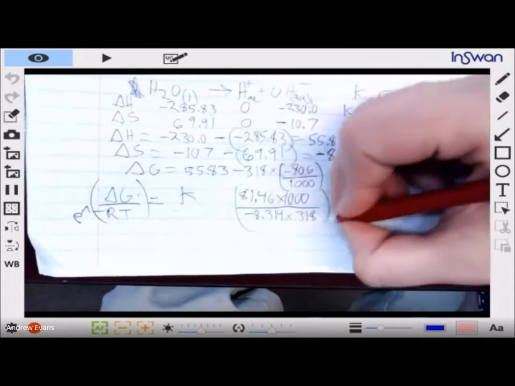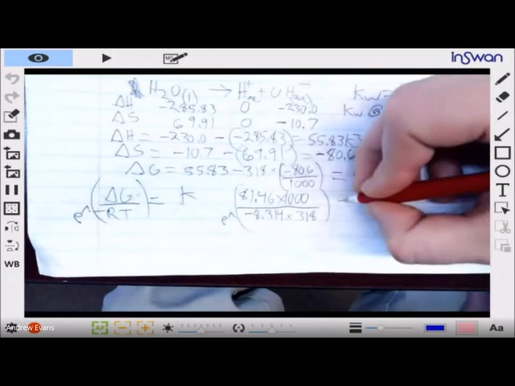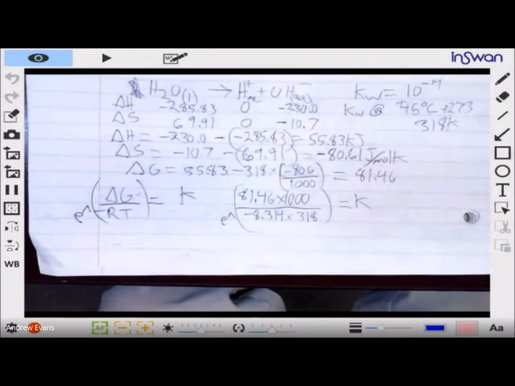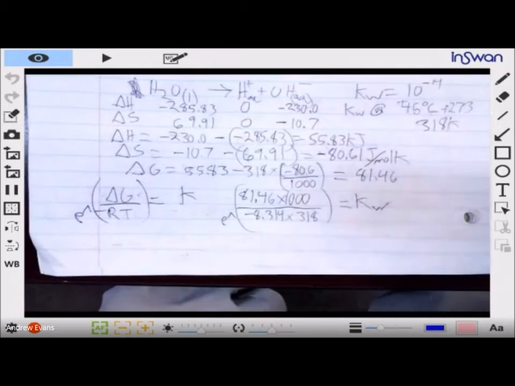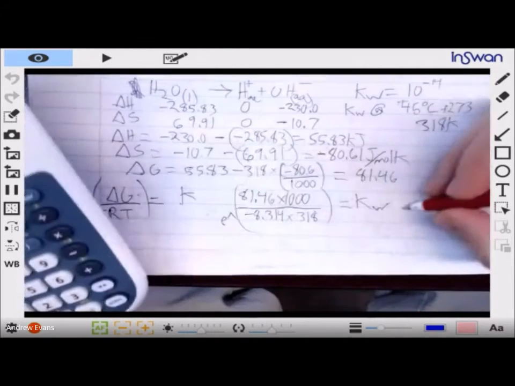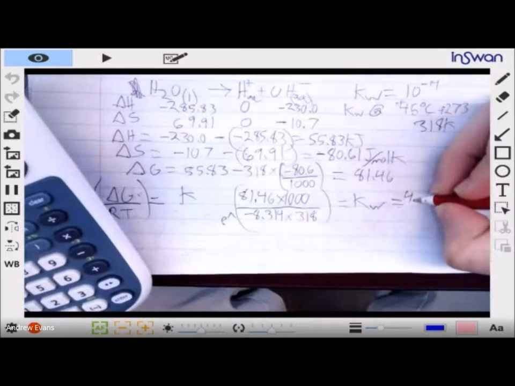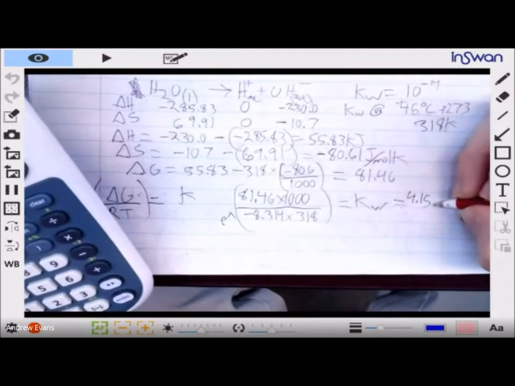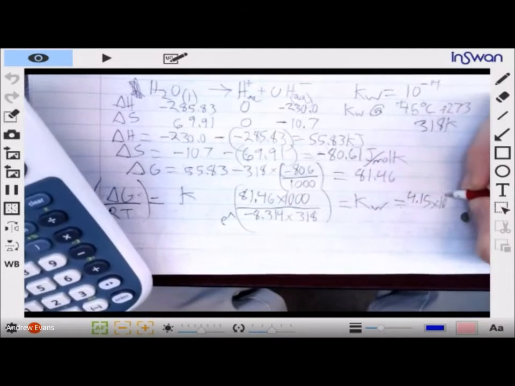Then we're going to take the inverse log of that to find our KW at 45. Our KW is 4.15 times 10 to the negative 14th.